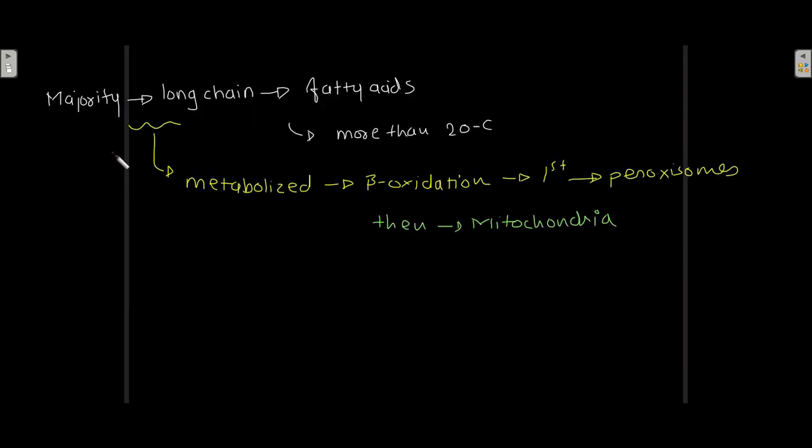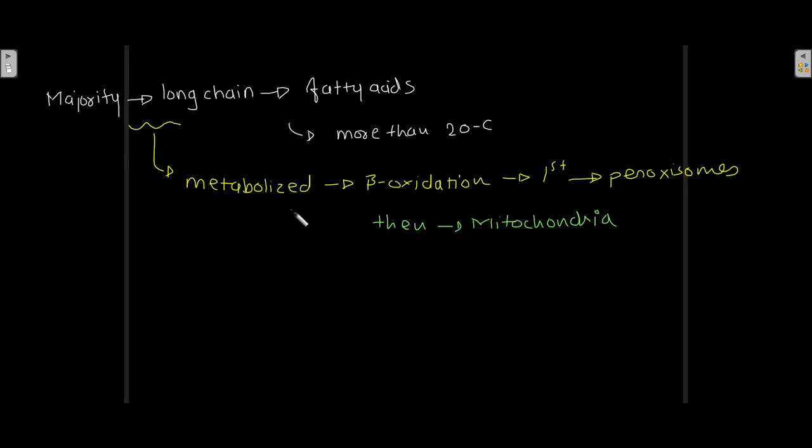and because of that, the majority of long chain fatty acids, meaning those fatty acids made up of more than 20 carbons, are metabolized by beta oxidation first in peroxisomes, and once they are metabolized there, they are further metabolized in mitochondria.